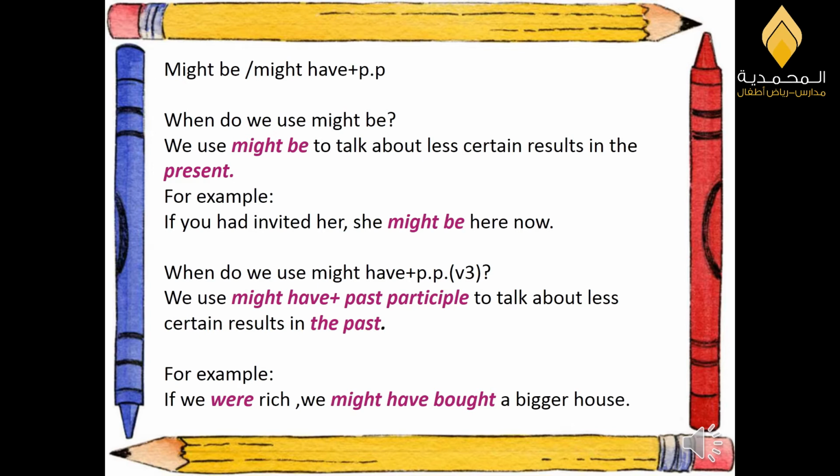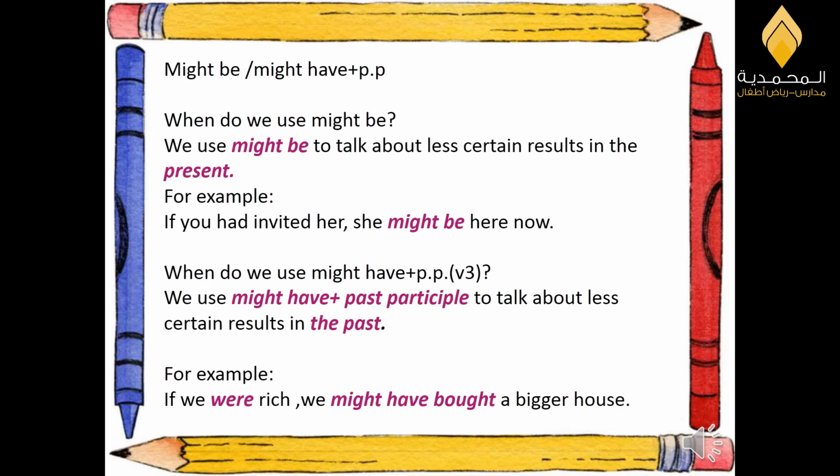Now I have something to tell you. When do we use might be and might have plus past participle or verb 3? What is the difference between them? We use might be to talk about less certain results in the present.